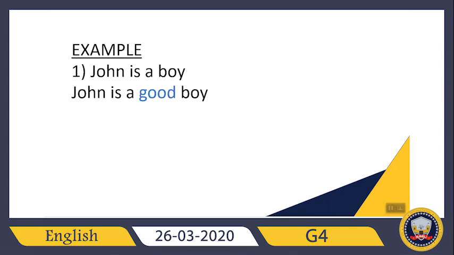Who can tell me the difference between the two? John is a boy and John is a good boy. Good is in the second sentence, but not in the first. So good modifies what? John. Good tells us how John is. It tells us John is a good boy.